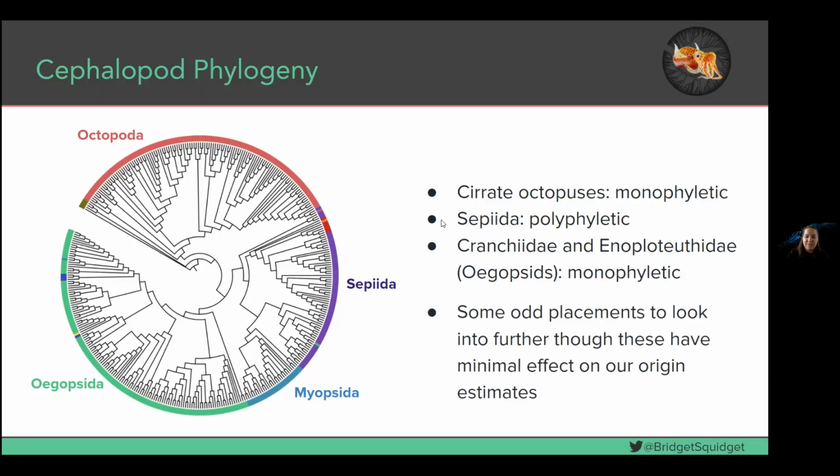Vampiroteuthis is in kind of a weird spot, not quite sister to all of the decapods. And then there's a few odd little weird species here and there to look further into. But these species have not had any or have only had little effect on our number of origins, so it didn't really affect our conclusions.